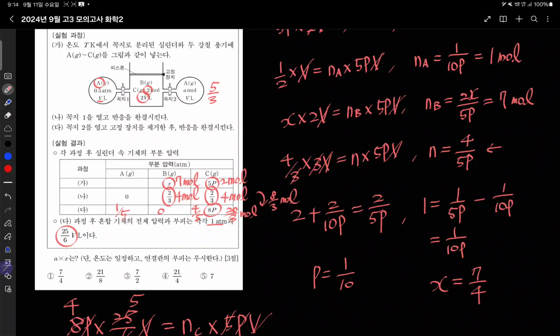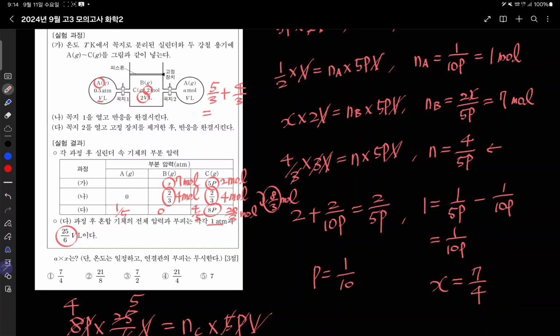And then the amount of gas A consumed in the second reaction is half of gas C newly formed. That's 4 over 3.